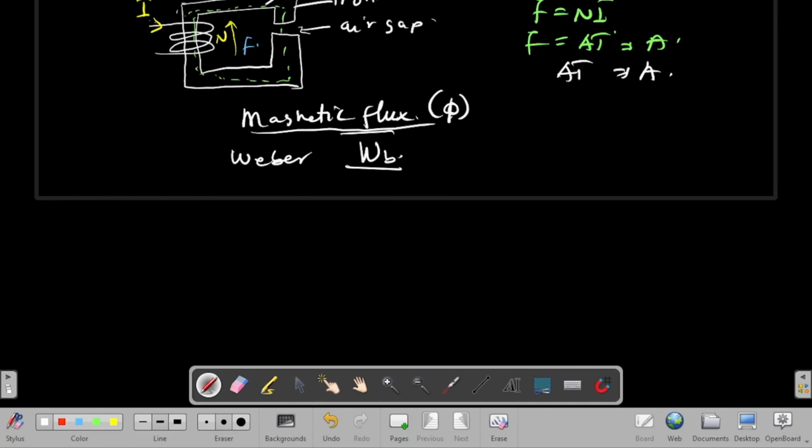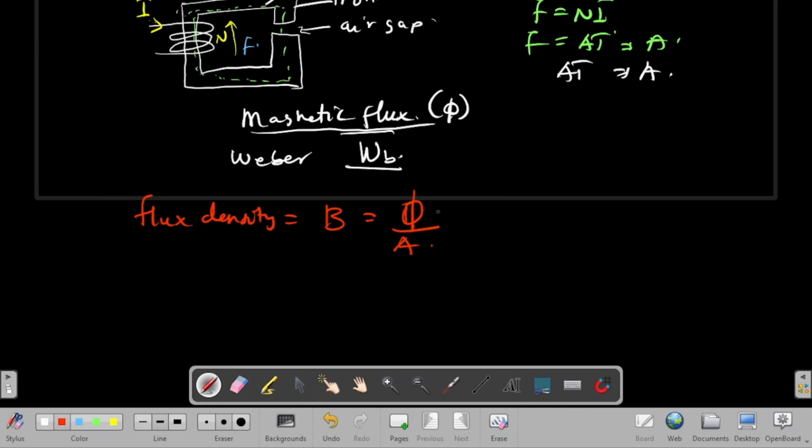Now let's enter another part which we call flux density. Flux density is represented as capital B, and the formula is given as magnetic flux over area.